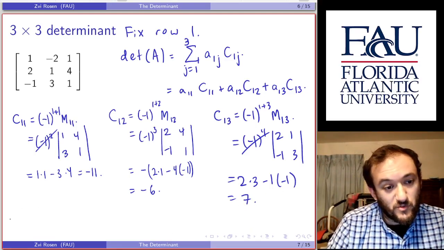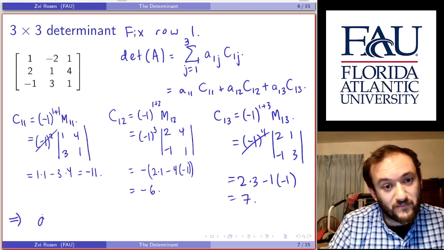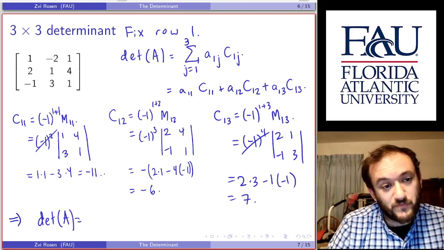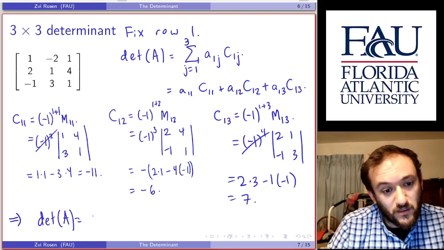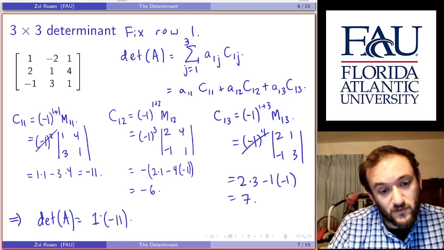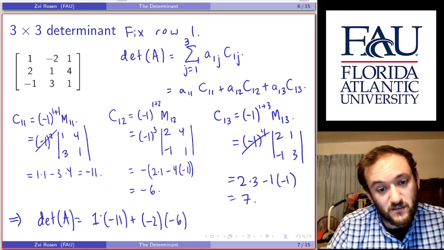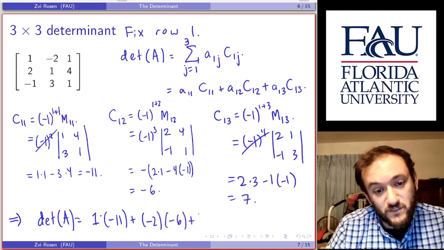Okay, so putting that all together, we have that the determinant of A is equal to A11, which is 1, times C11, which is -11, plus A12, which is -2, times C12, which is -6, plus A13, which is 1, times C13, which is 7.